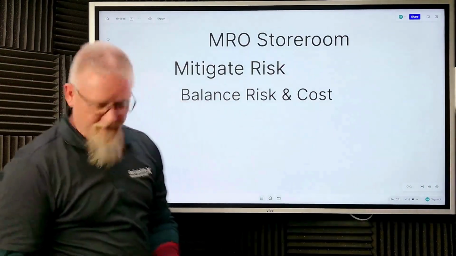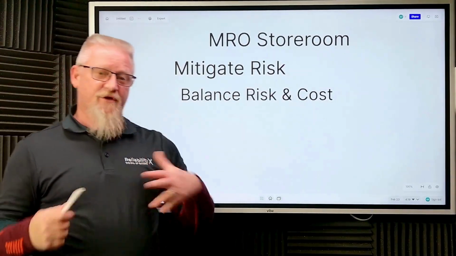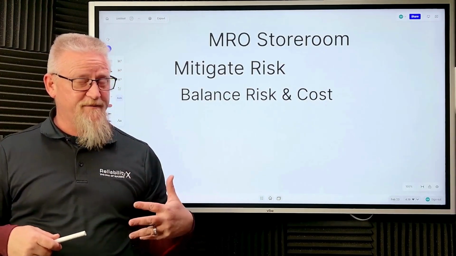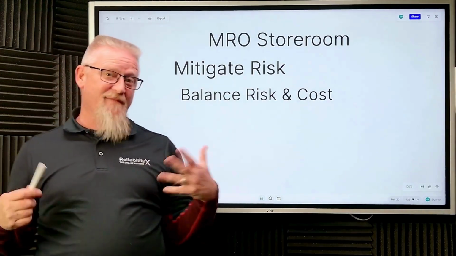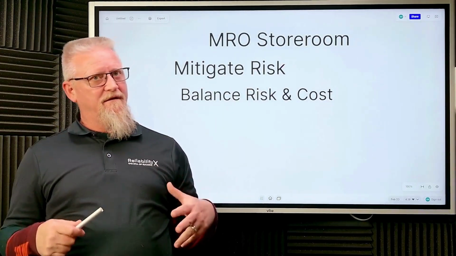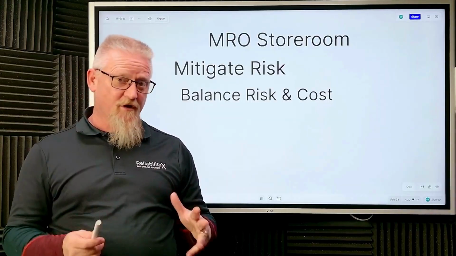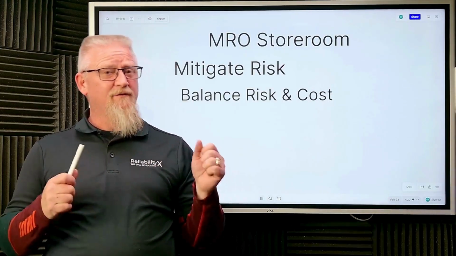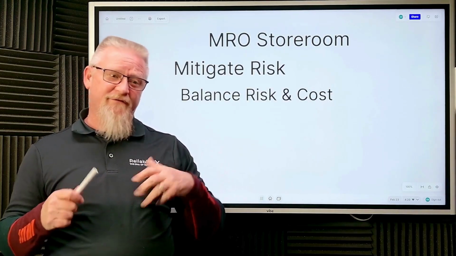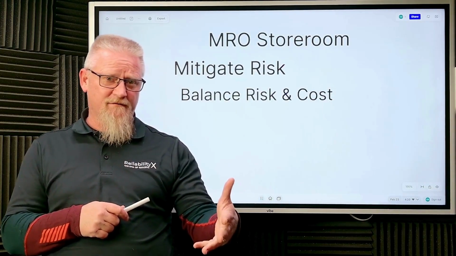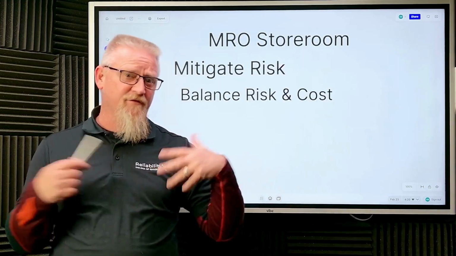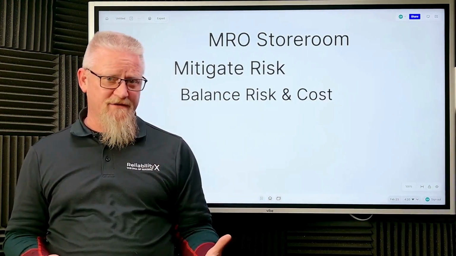We've got to balance our risk and cost. So the storeroom obviously houses our spare parts. This has to be managed effectively. Oh, that's not easy. So we have to organize, we have to control, and we have to understand our spend and demand on various parts so we can optimize the storeroom.